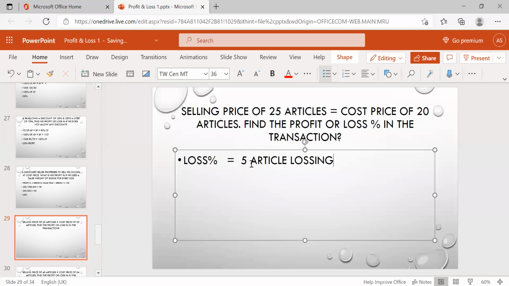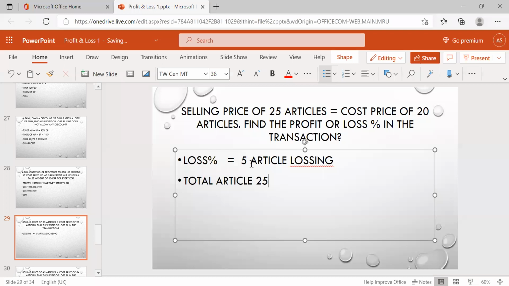See, totally 25 articles I'm selling at the cost of 20 articles. That means I'm losing 5 articles. 20 articles cost price equals 25 articles selling price, so I'm losing the price of 5 articles totally, right? So total how many articles is there? 25, right?